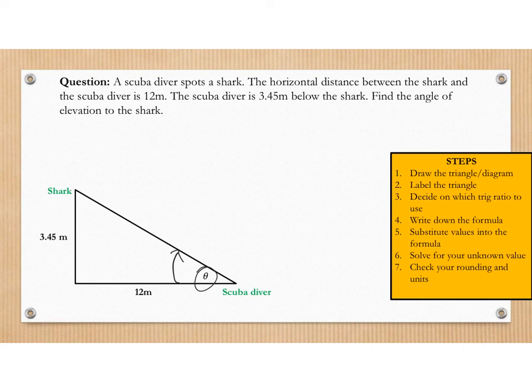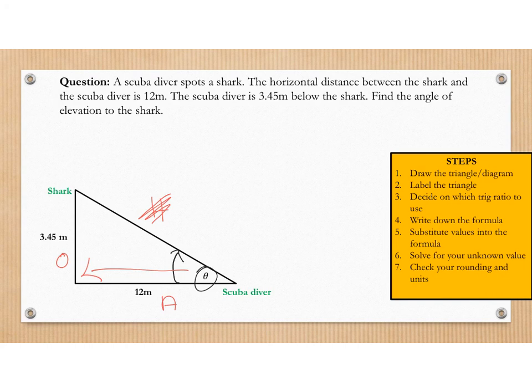Let's have a look at how we can use this triangle and label it using our understanding of trigonometry. So opposite my reference angle is my opposite, hypotenuse, adjacent. And I don't need my hypotenuse because that gives me no information for this question.